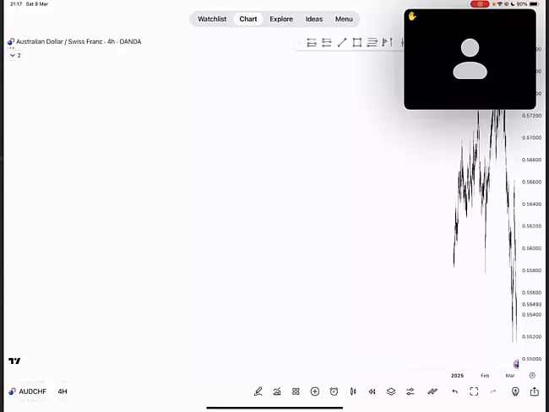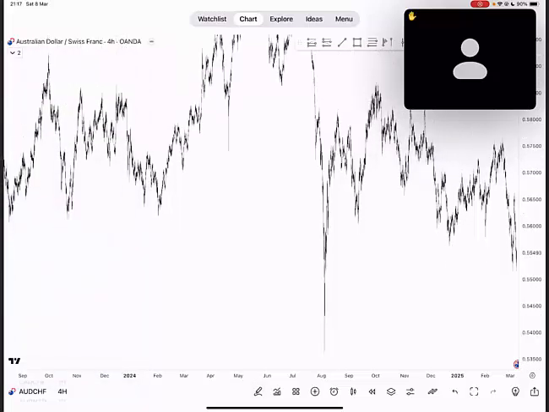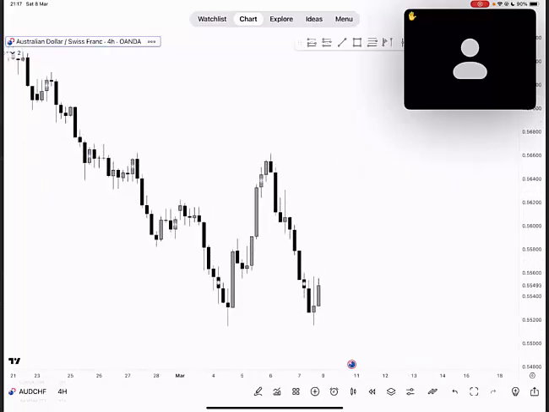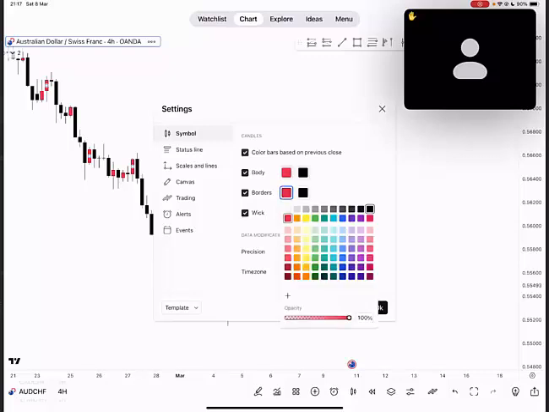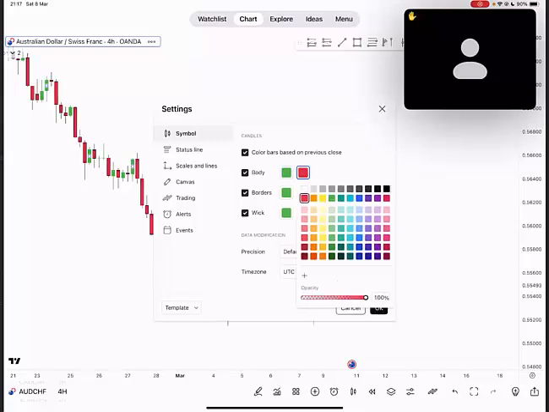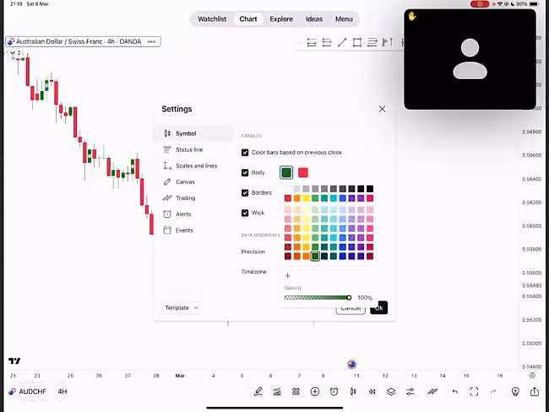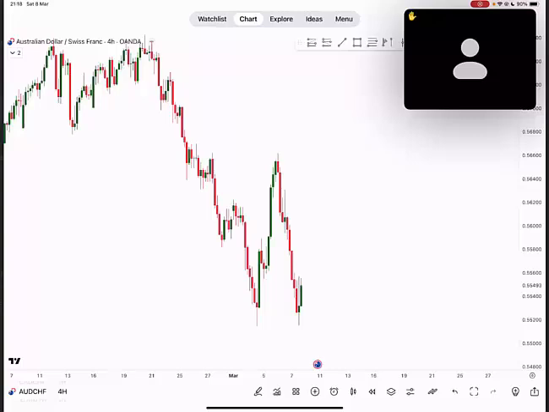I think somebody asked me before to change my candlestick color. Wait, I think this works now. This is red and green now, right?